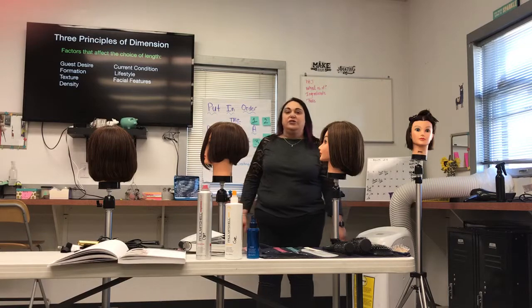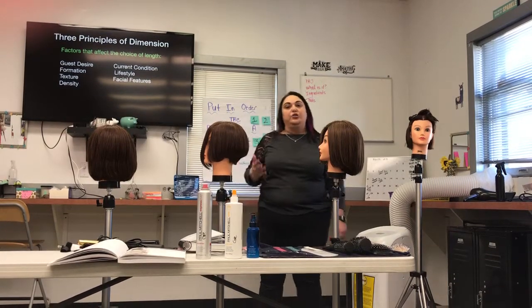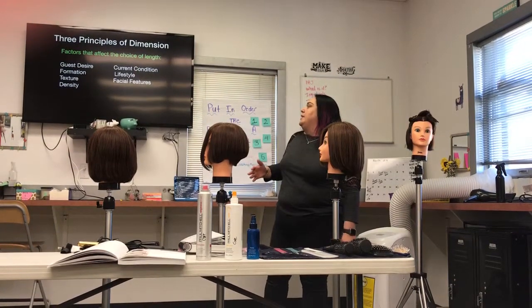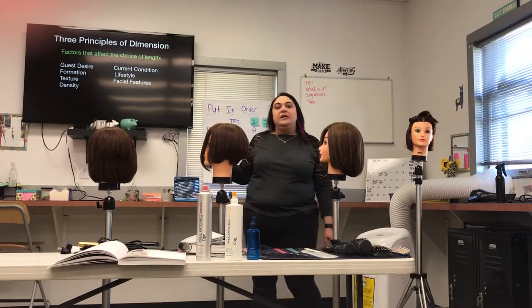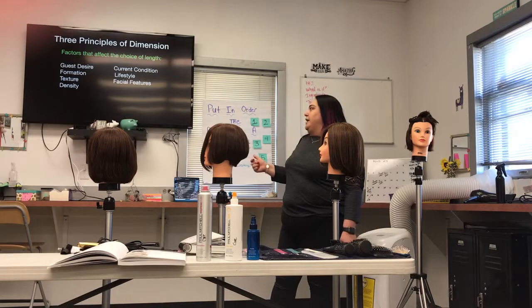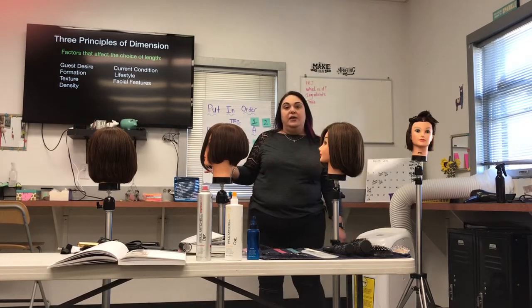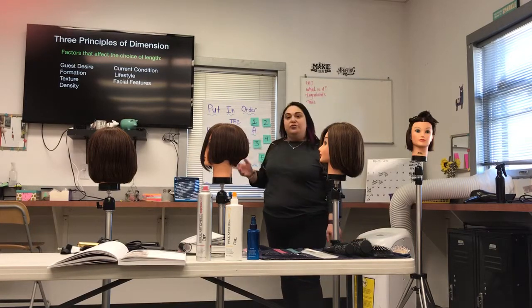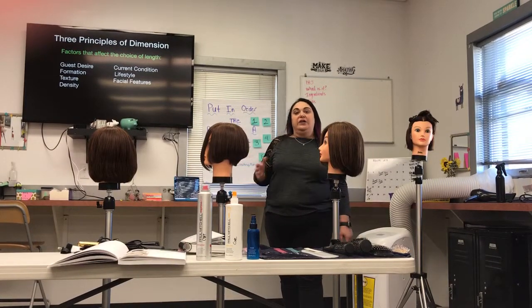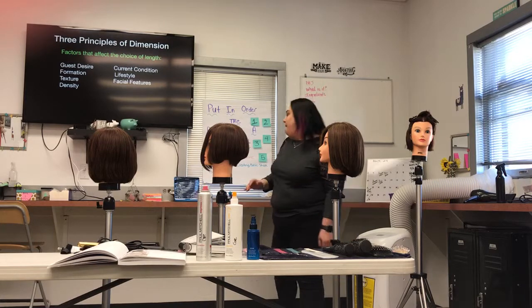So we have factors that are going to depend on whether we want our hair short, medium, or long. And that's going to be guest desire, formation, texture, density, current condition, lifestyle, and facial features. So all those are going to factor into your haircut of what your guest wants.